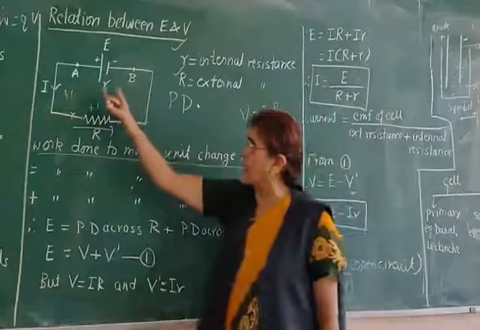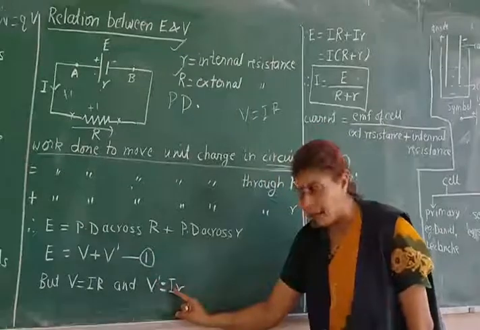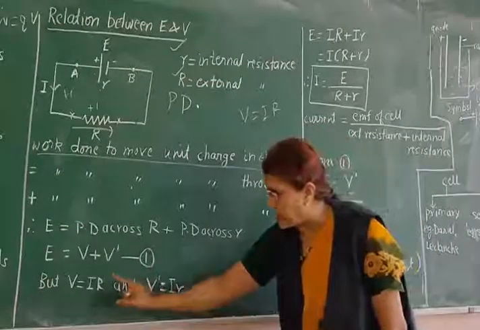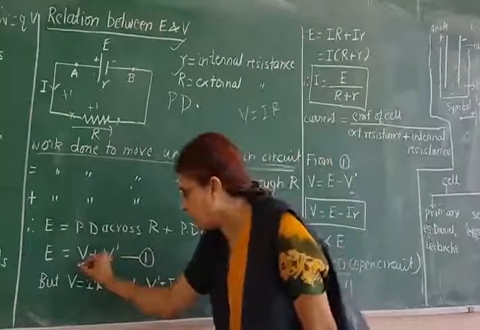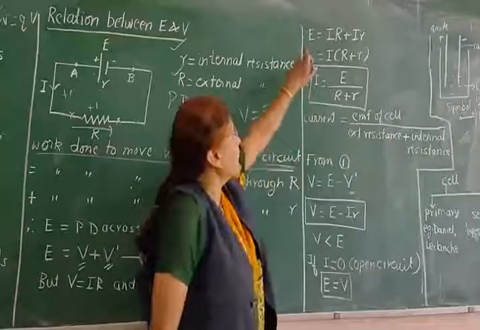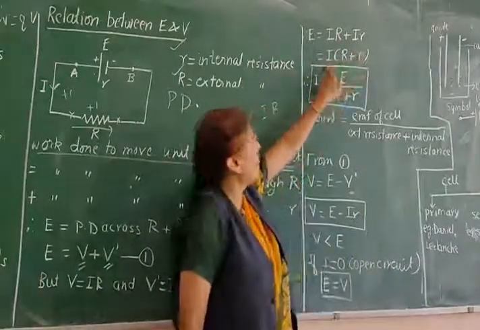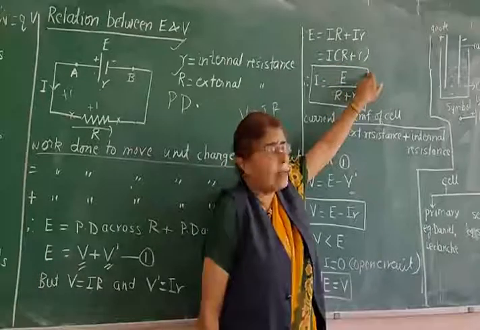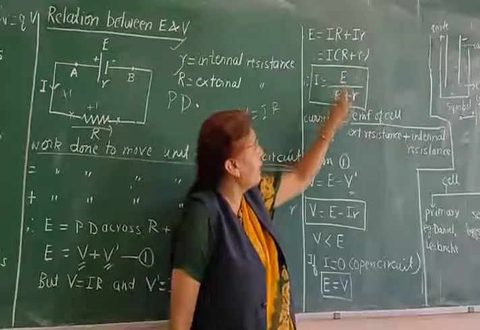V dash is the potential difference across small r, so it is again the product of current I and small r. So you got an equation for V and an equation for V dash. You substitute for V and V dash over here. So what will you get? You will get E is equal to IR plus Ir. Take I common, it will be R plus r. Then take I on one side, I will be equal to E upon R plus r.